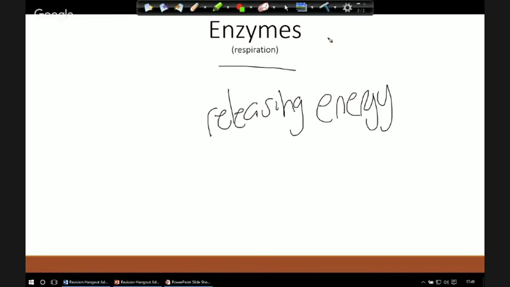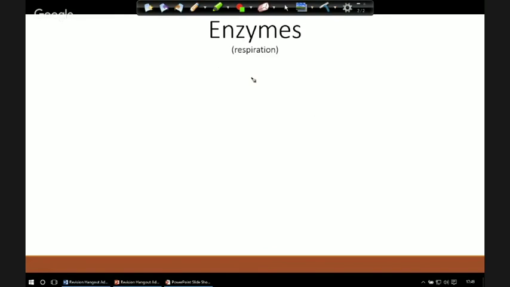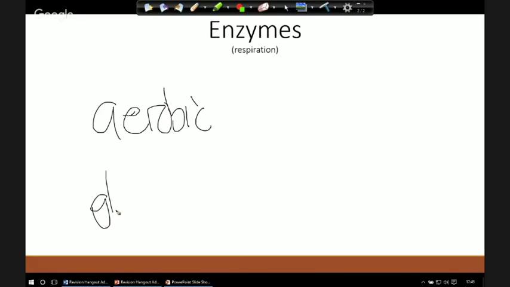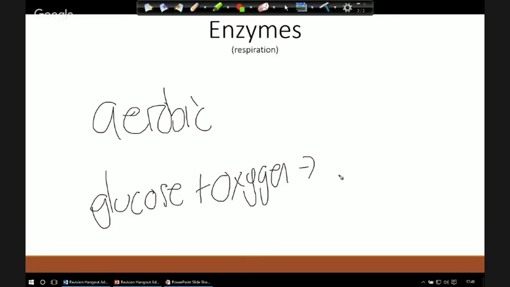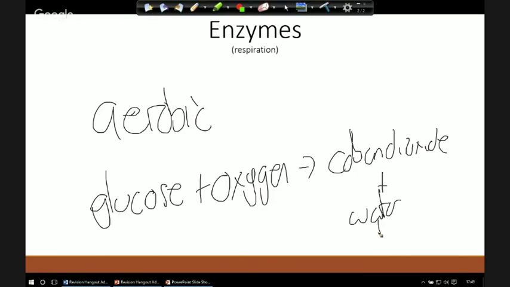And it comes in 2 guises. The first is our classic aerobic. Aerobic is respiration with oxygen. So we get our glucose, we have some oxygen combined, and we produce carbon dioxide and some water, and we release some energy.